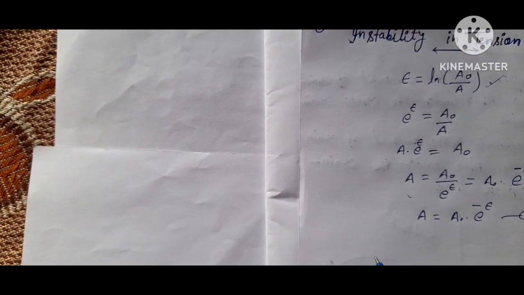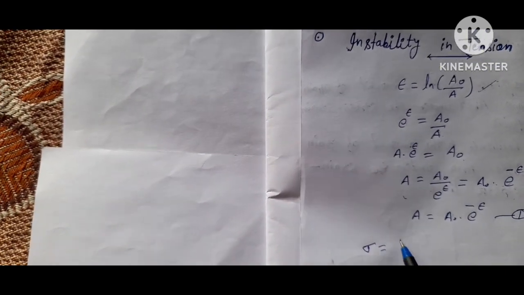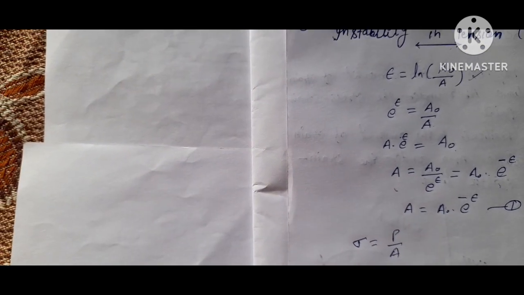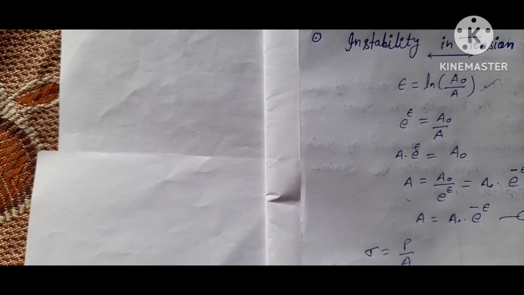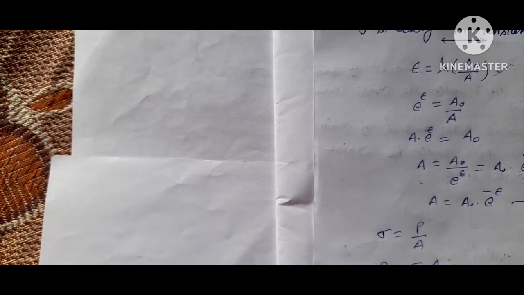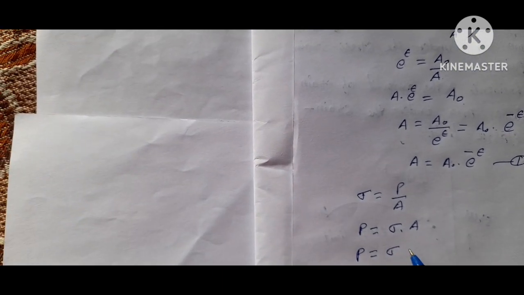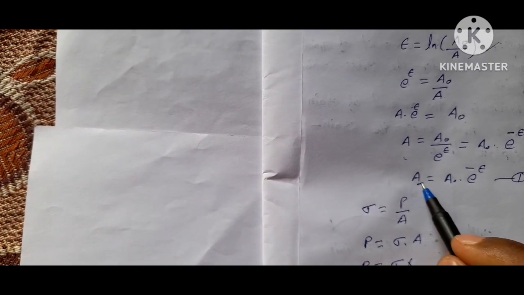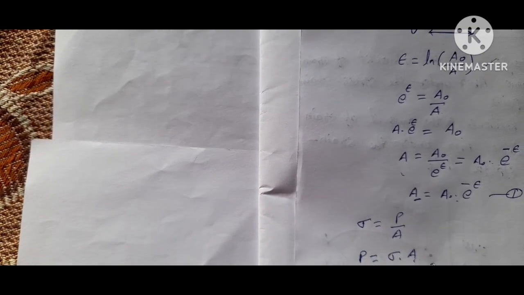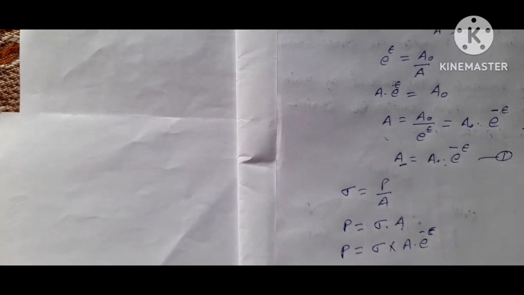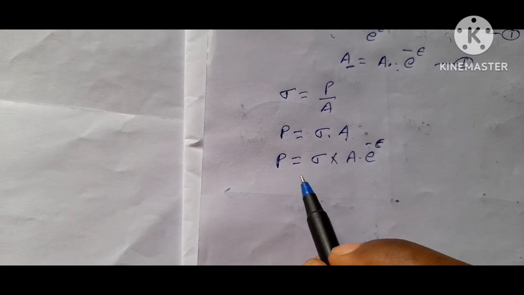Friends, stress equals force divided by area, or you can say force equals stress multiplied by area. And from the first equation you put the value of A, so P equals sigma A0 e to the power minus epsilon.